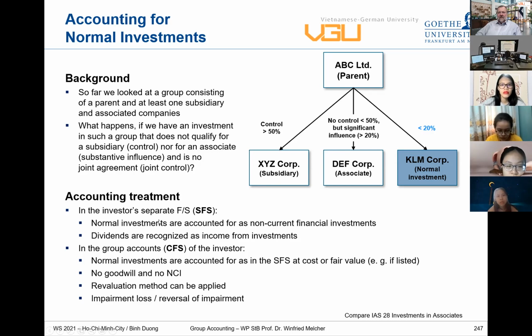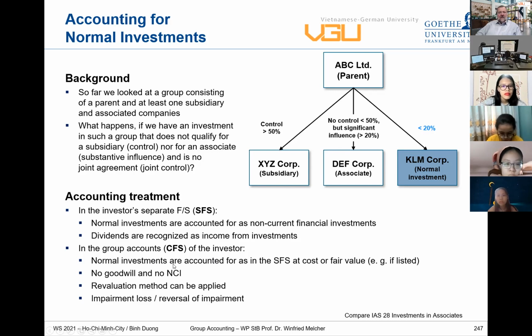Now, what are we doing for the consolidated financial statements? So in the group accounts, ABC in this case will show a normal investment that they have accounted for as in the single financial statement at cost or at fair value if they are listed.